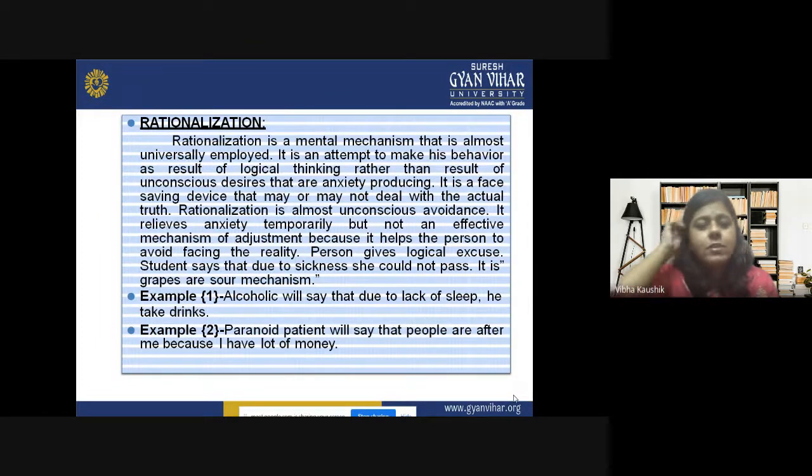Now, rationalization. Rationalization is a mental mechanism that is almost universally employed.